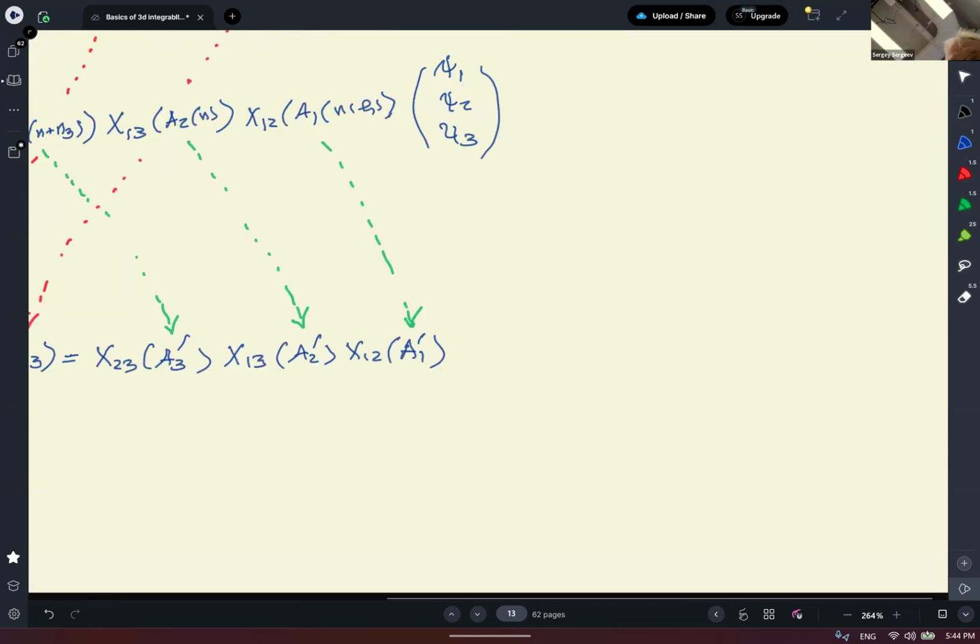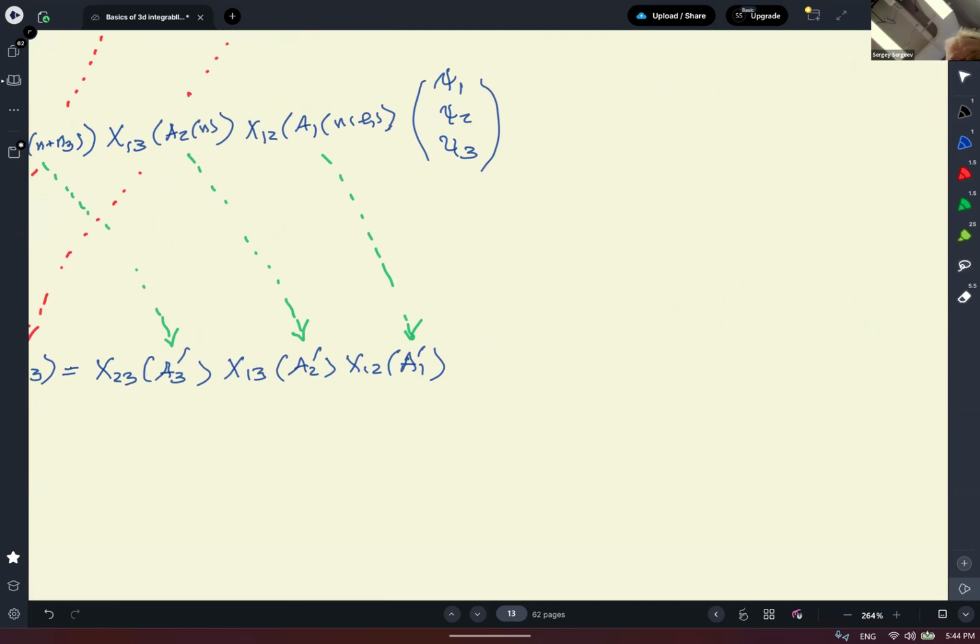Some people call it local Yang-Baxter equation. Some people call it dynamical. Question, what is the difference between local and dynamical? Answer, there is no difference, it's the same.